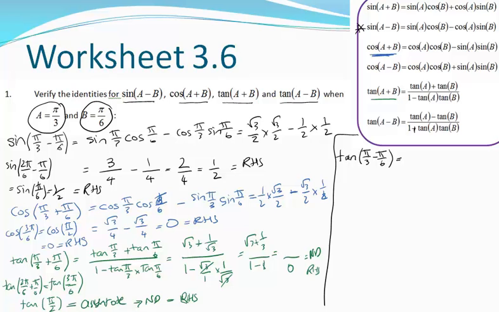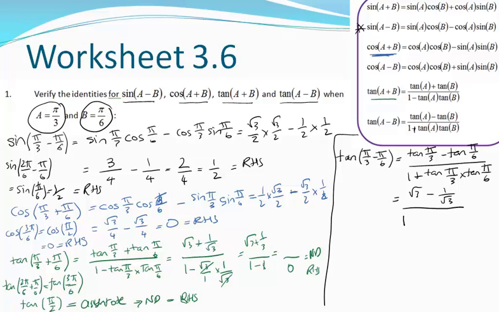So we have tan of pi on 3 minus tan of pi on 6 divided by 1 plus tan of pi on 3 multiplied by tan of pi on 6. So we substitute our values in here. So tan of pi on 3 is equal to root 3. Tan of pi on 6 is 1 on root 3.